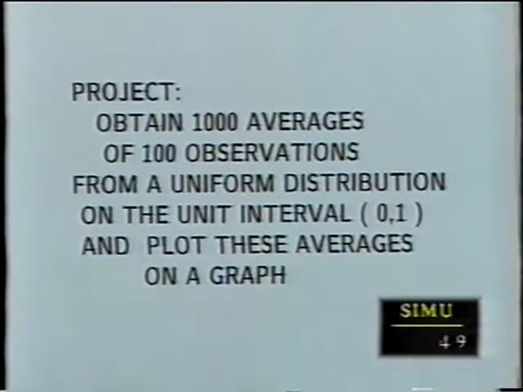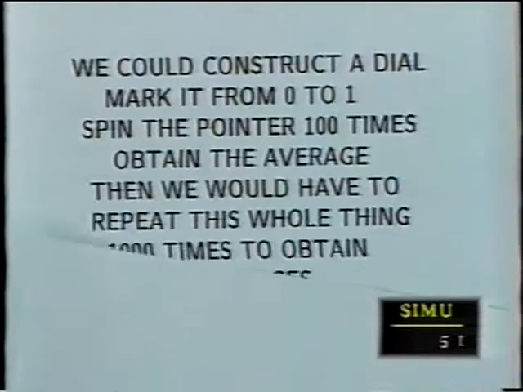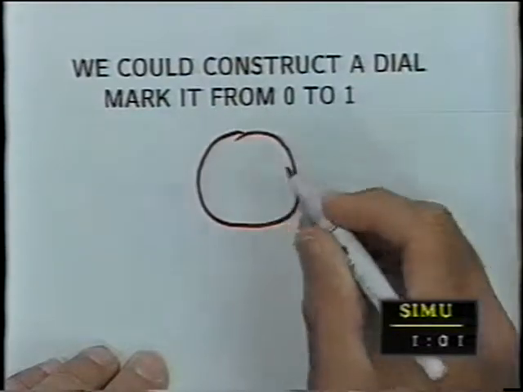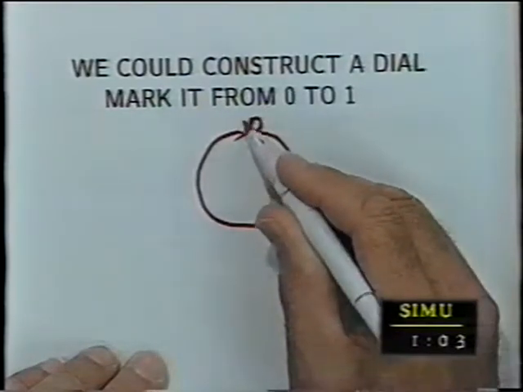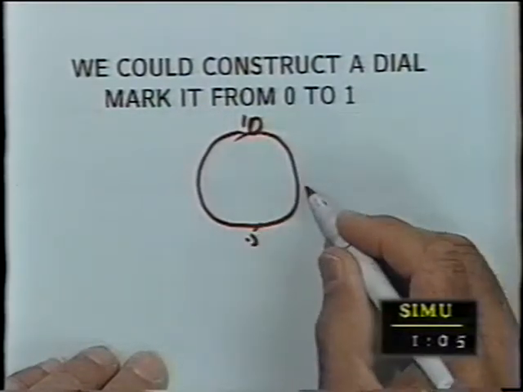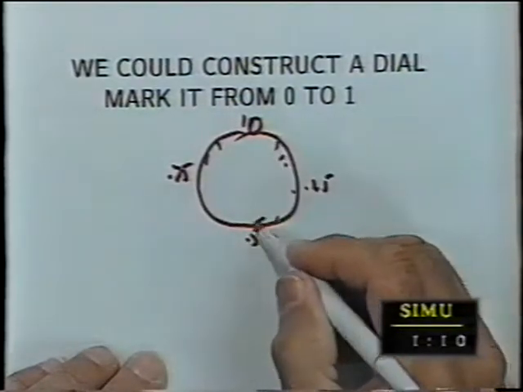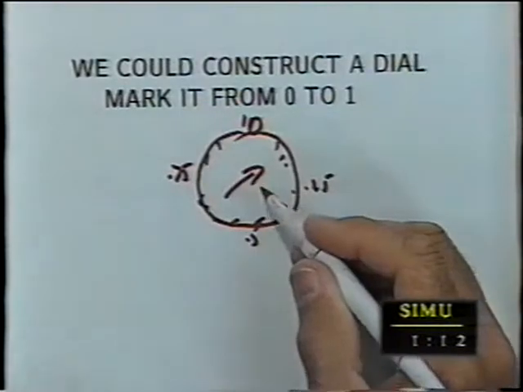Okay, that's the assignment. How can we do it? Well, let's just be naive and do it. We could construct a dial, mark it from 0 to 1. Now, let me draw this. Here's a dial. Mark this 0 and 1, and this 0.5, and this 0.25, and this 0.75, and mark the other numbers in between like that. Put a pointer here and spin it.